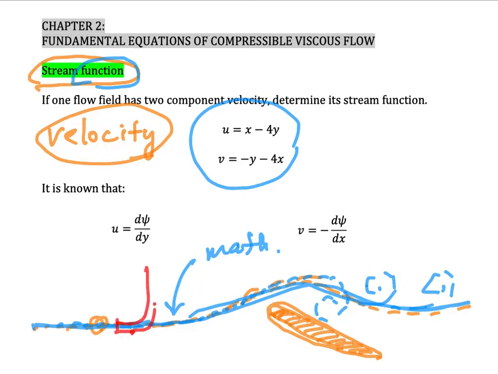I hope you understand what a pitot tube is. From the pitot tube, we could measure the pressure. I think you already know how to solve using a pitot tube. We use the Bernoulli equation, we check the pressure difference, and then we could determine the velocity at this point.